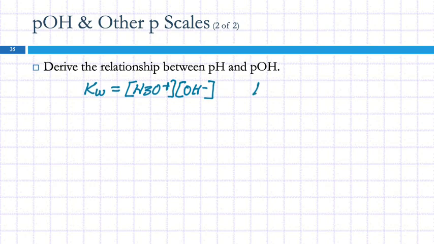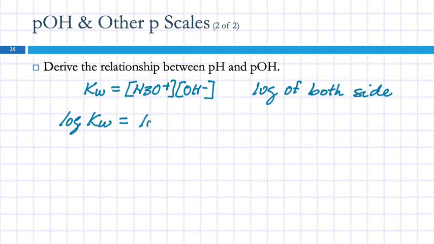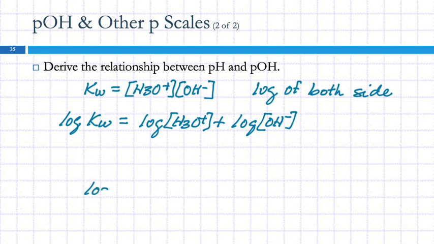So if I take the log of both sides, I'm going to get the log of Kw is equal to the log of H3O plus the log of OH minus. Because the log of x times y is equal to the log of x plus the log of y.